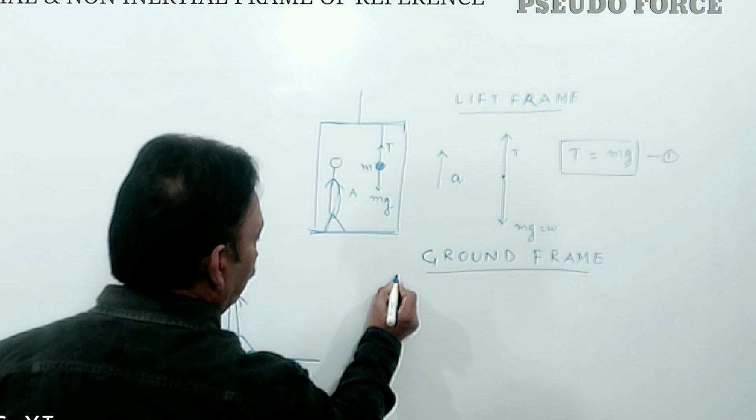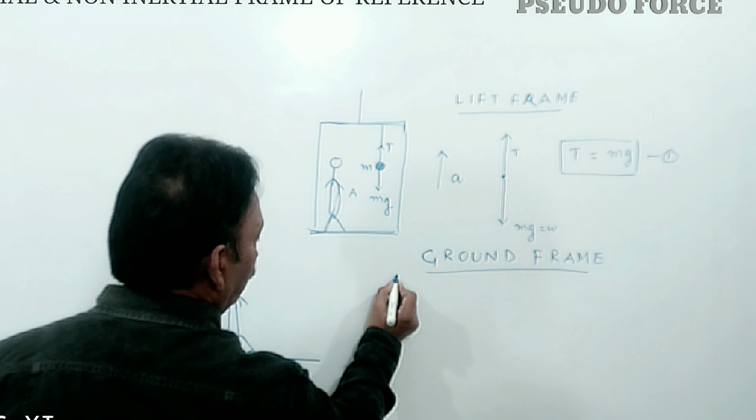For the same event, we got two results. One is T is equal to mg and the second is T is equal to m of g plus a. Let's decide which one is right and which is wrong. Both appear to be right.